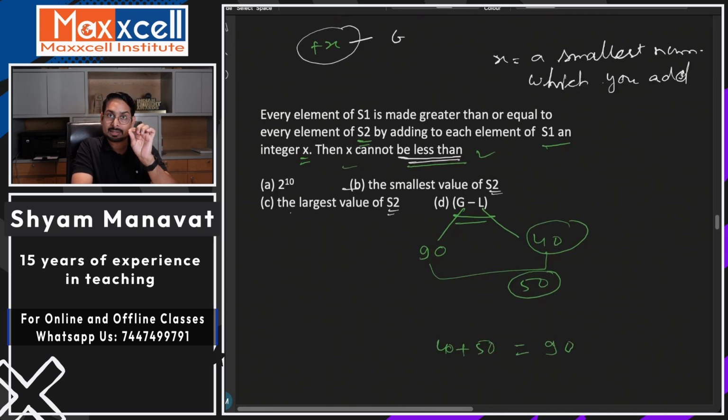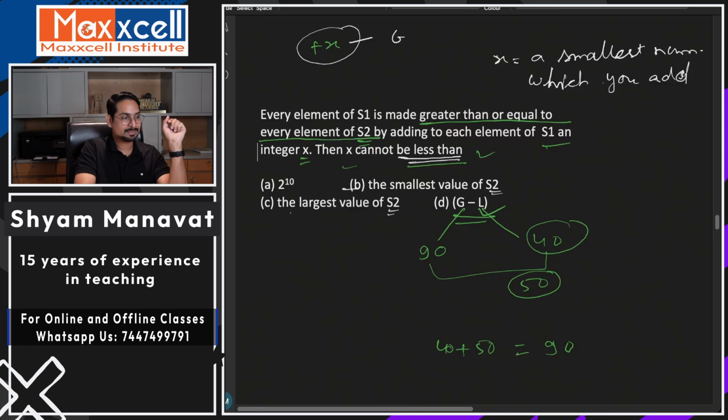So the smallest number will become equal to the greatest one. Definitely the others, which are more than L, will be more than the greatest one, and that gets you a condition where each term is either greater than or equal to every element of S2.